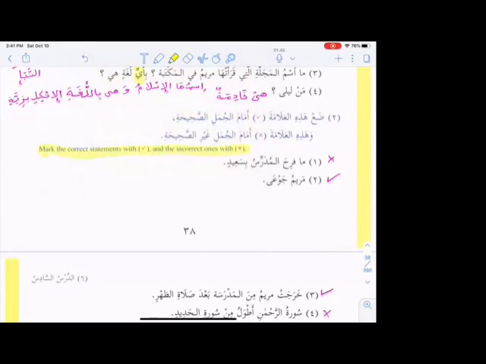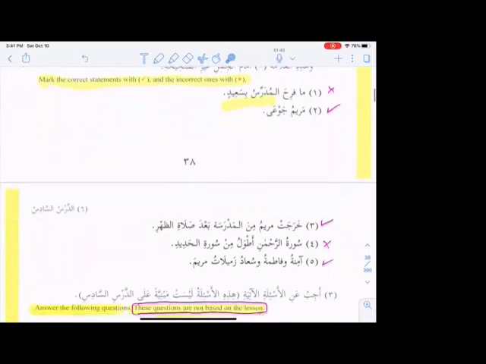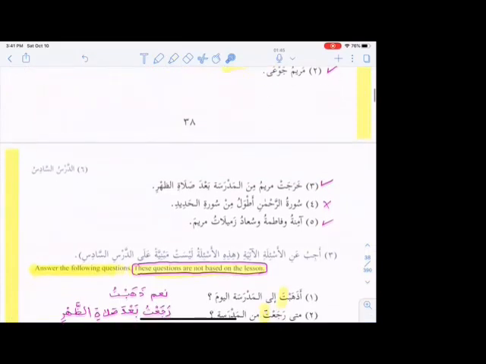Ma fariha al-mudarrisu bi Said. The teacher was not happy with Said. No, that is wrong. Huh? Maryamu jaw'a. Yes, we know that is right. Okay. And then, kharajat Maryamu min al-madrasati ba'da salatil zuhri.